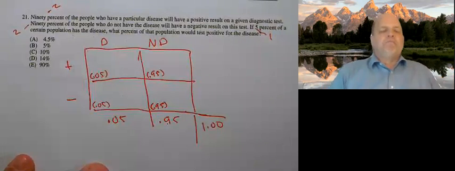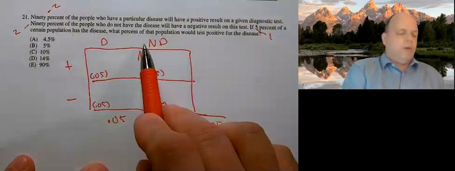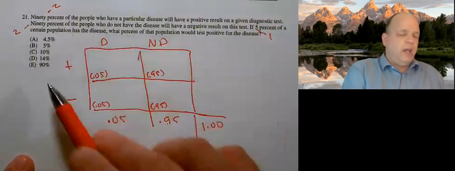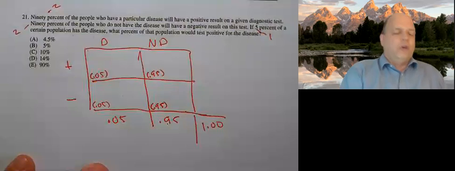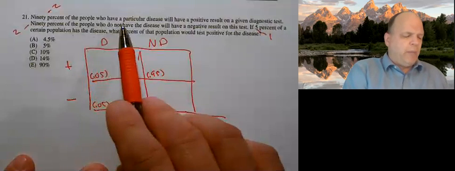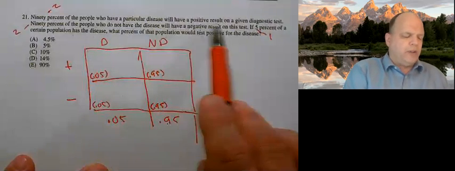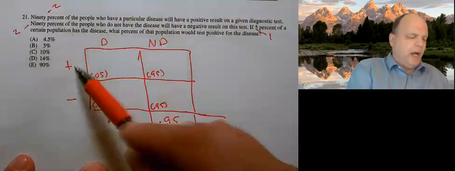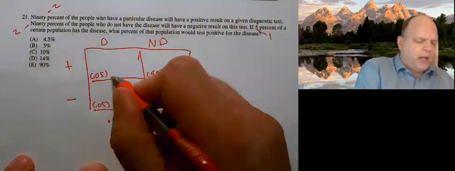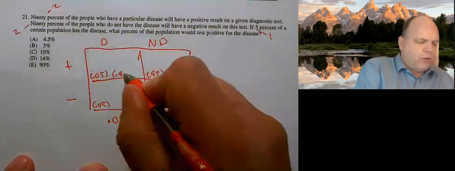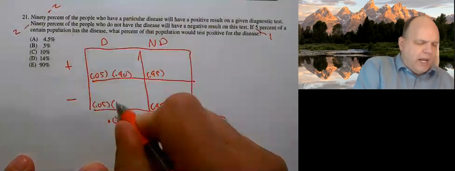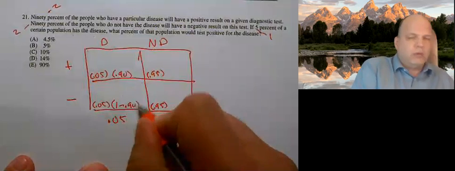At that point, we have our variables, disease, and we have test results. So 90% of the people who have a particular disease will have a positive result. So disease and positive is right here. So this is going to be 0.90. And this will be 1 minus 0.90.